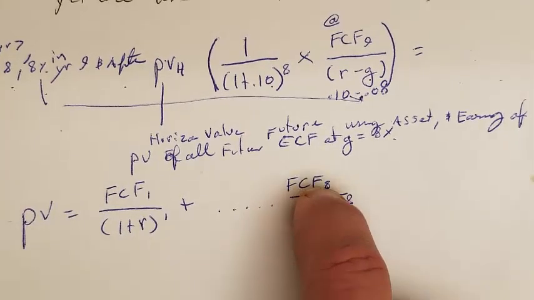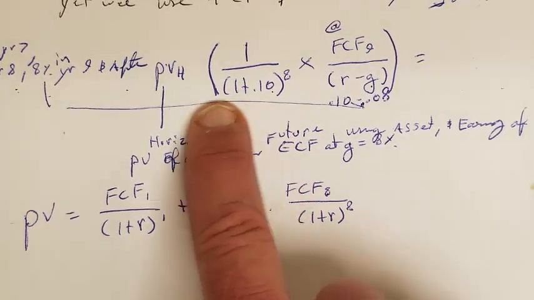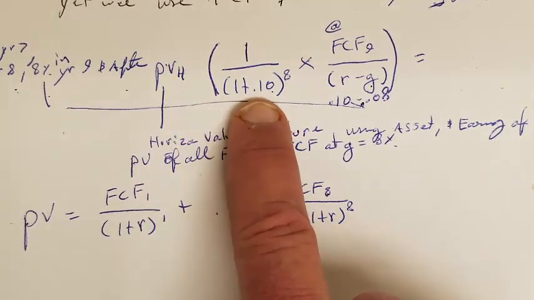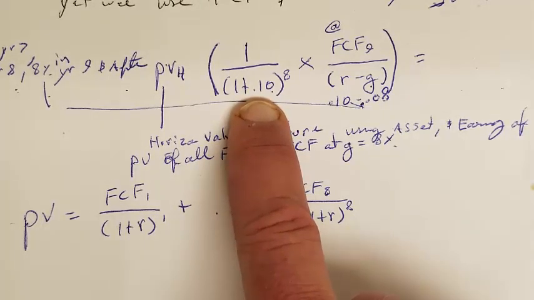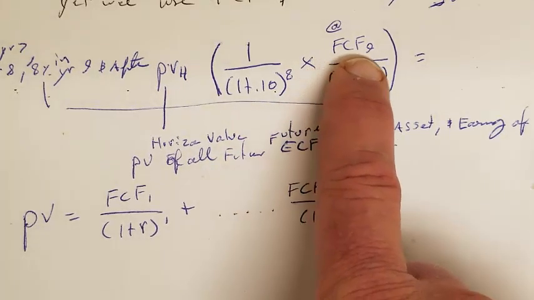You're going to take that last component, which is the horizon value, or PVH, equals 1 over 1.10 to the 8th, right? And so notice that it's really the present value in year 8 looking out into year 9 where it settles in.